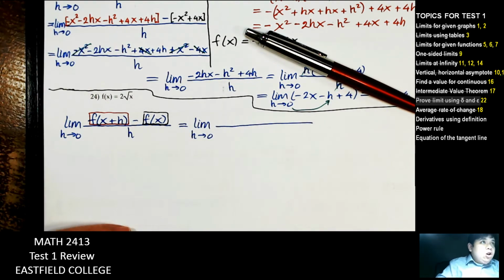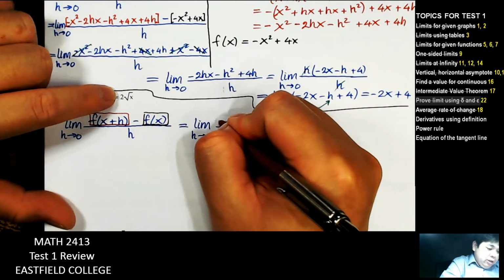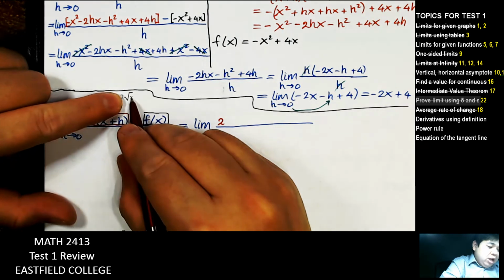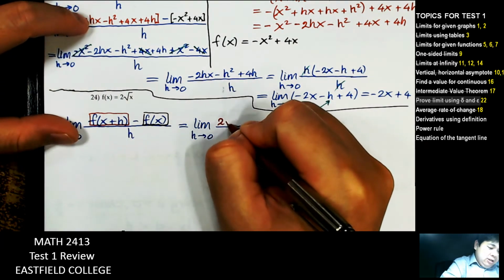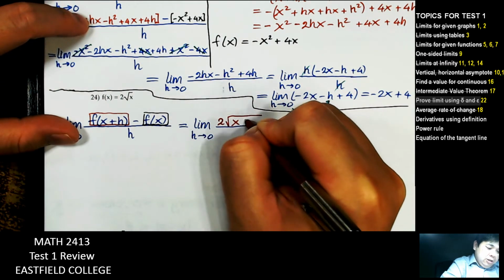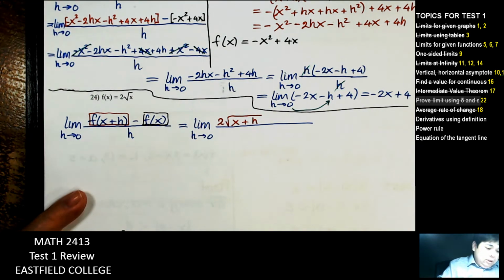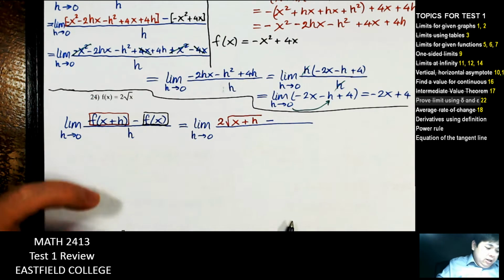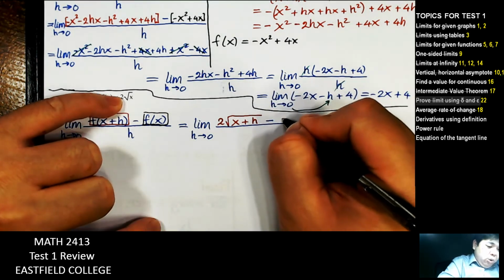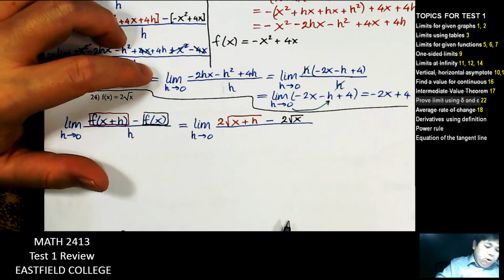In this case, the function in red is rather simple. We just have x plus h into x, minus that, the original function, over h.